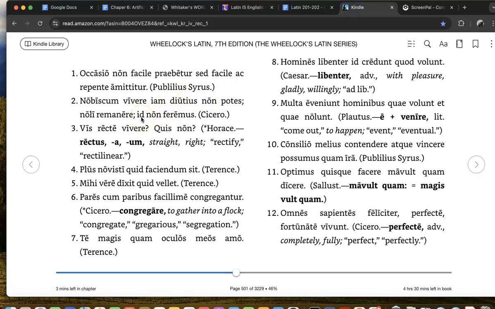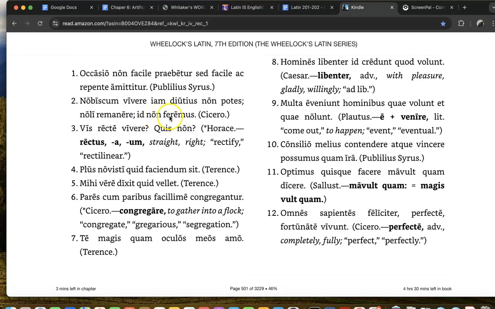So it, I'm translating as it, and then we will not tolerate it. In other words, Catilina, we will no longer tolerate your presence in the Roman Senate and in Rome.